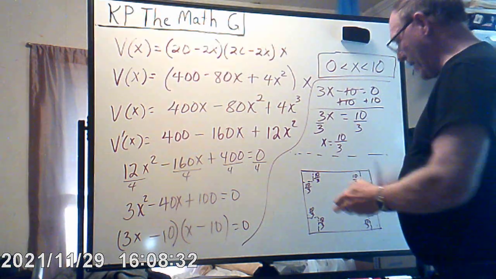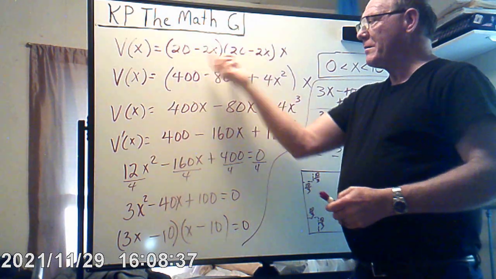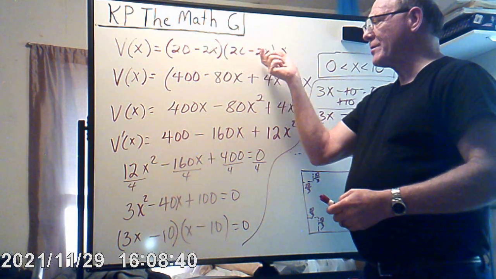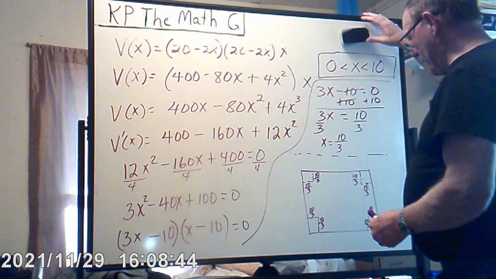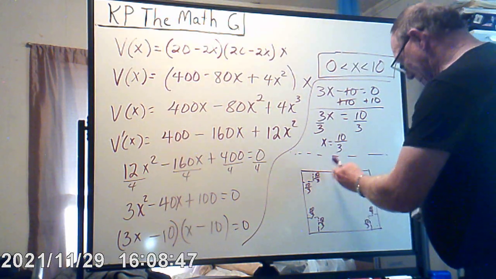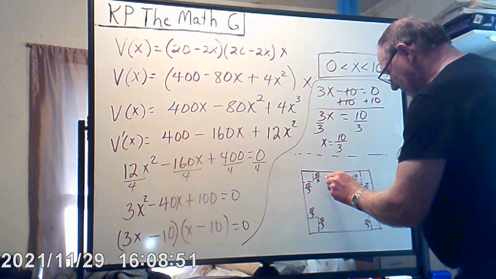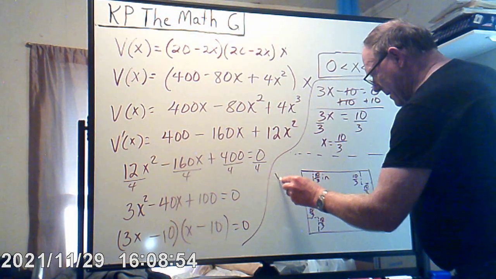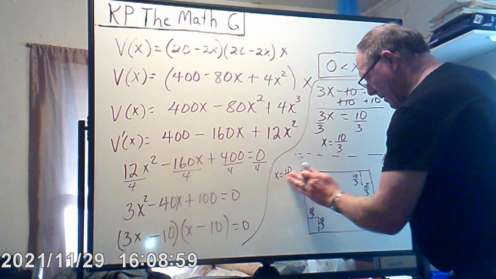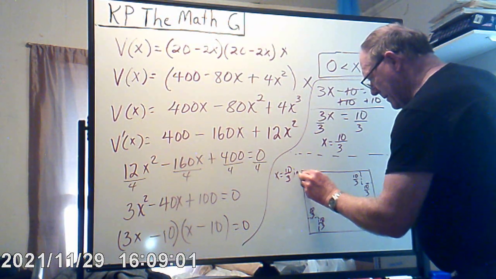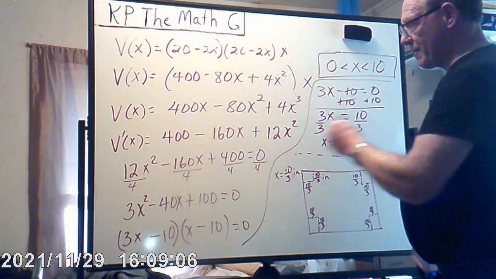If you want to find the length and the width, you just simply plug that in one time, and you know that whatever you get for this one, you get for this one as well. Alright, so there it is. That's what we were looking for here. And by the way, we are talking about inches, so this would be x equals 10/3 inches.